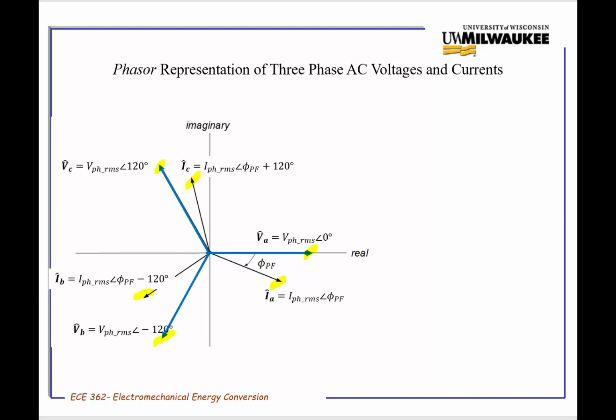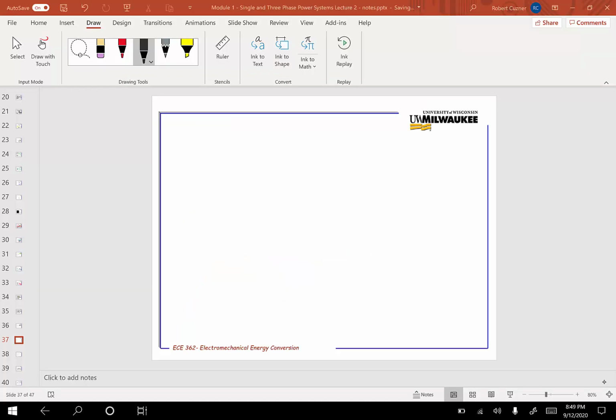So what we have is we now have come up with three phasors representing the voltages in a three-phase system. Those are these three phasors with the little yellow marks on them. You can imagine that these phase voltages could be applied to three separate circuits and get three currents from those circuits: an A phase current, a C phase current, and a B phase current. Three-phase systems are often represented in this way.